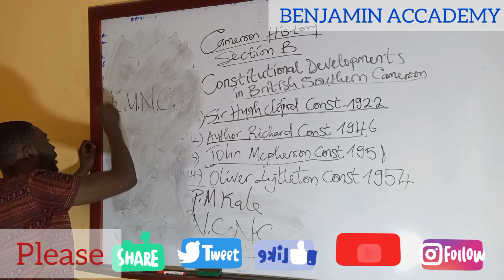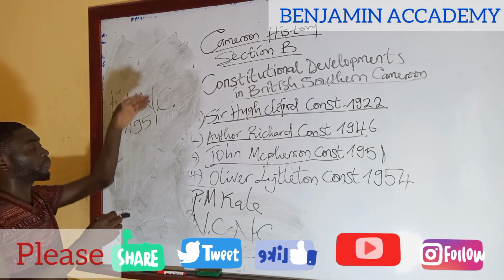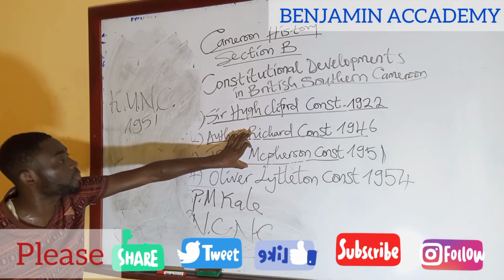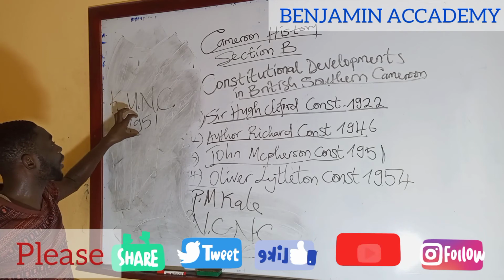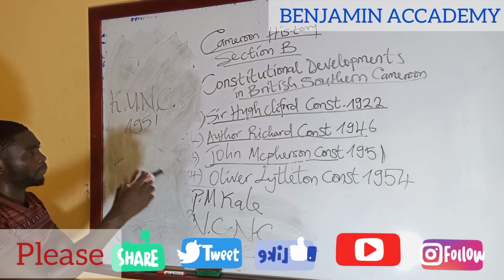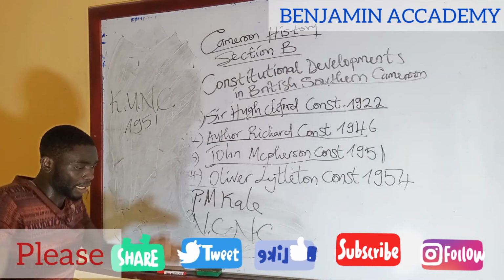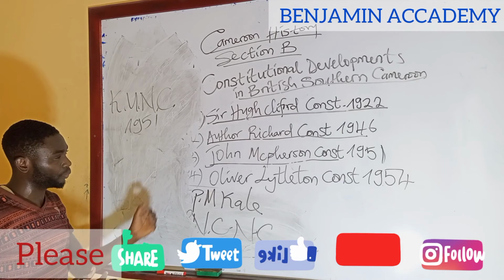The Cameroon United National Congress was formed in 1951 when this constitution was put in place. It was formed by Aroke Zibonge and E.M. Endele. They formed this political pressure group, and the purpose was that they wanted to separate Southern Cameroon from Nigeria and attach it to French Cameroon.